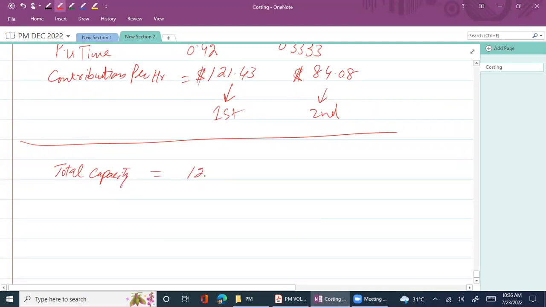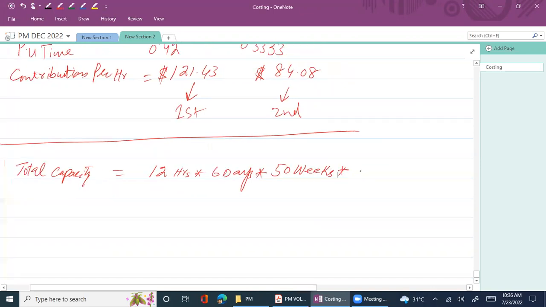12 hours in one day, 6 days in 1 week, and 50 weeks in a year. And there are 20 production lines, the same thing done at 20 places. So what will be our total capacity in hours on an annual basis?